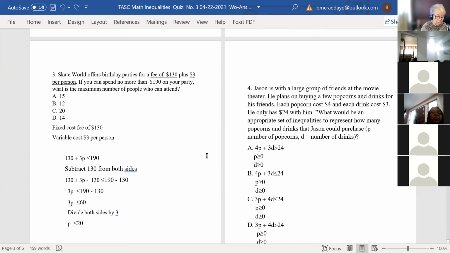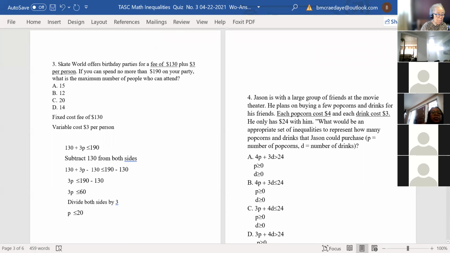So let me just go to the next. Answer C, which is 20.